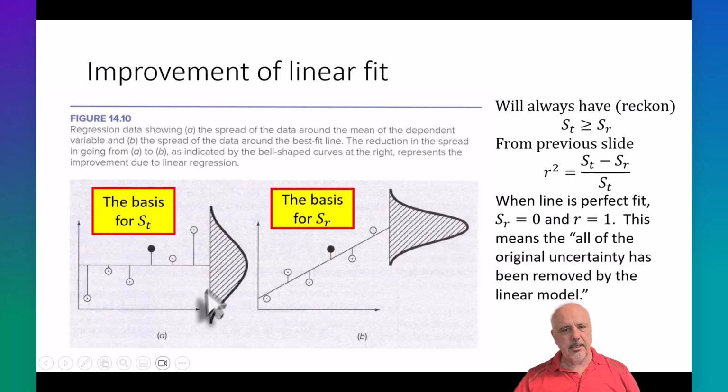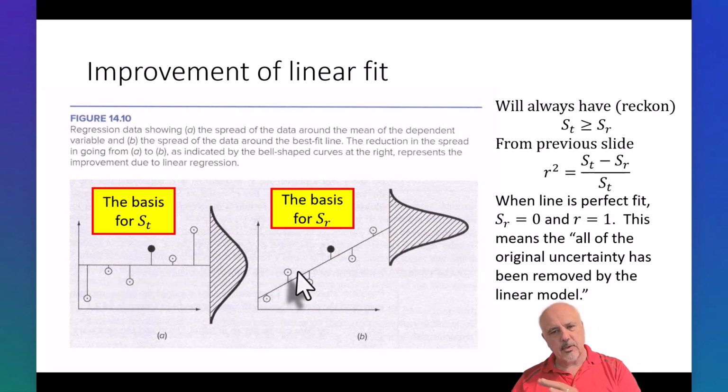Then if you look at the line, the line should do better than just the mean, and the residuals give you some distribution like that. The sum of squares of residuals for the mean is always going to be bigger than the sum of squares of residuals for the line.